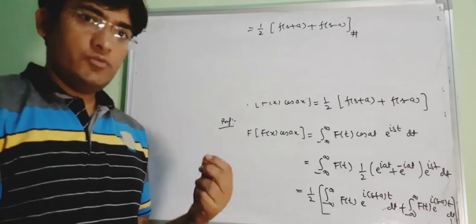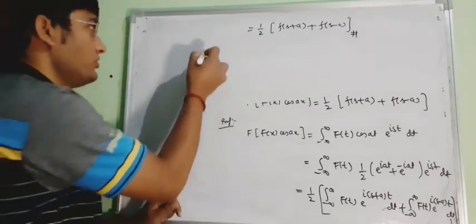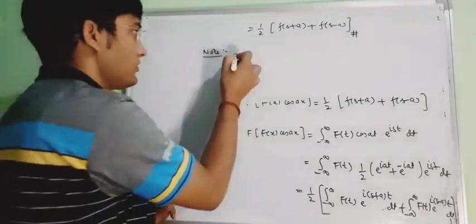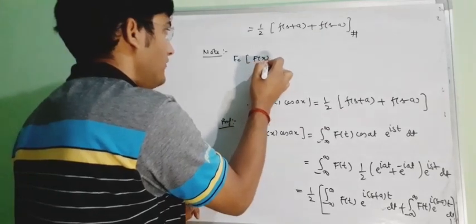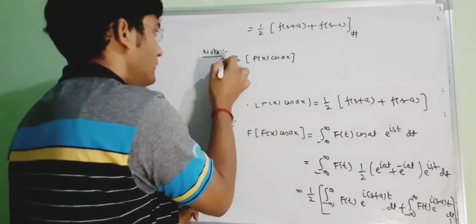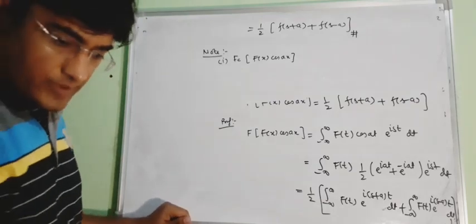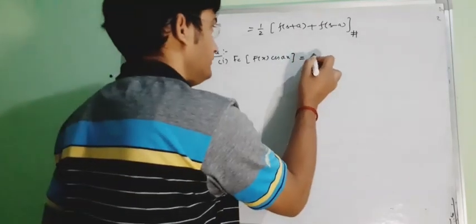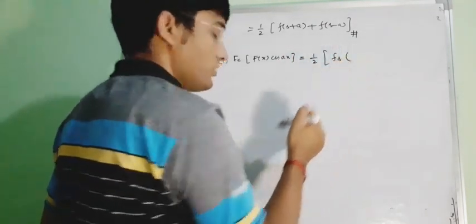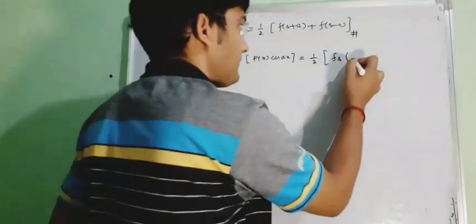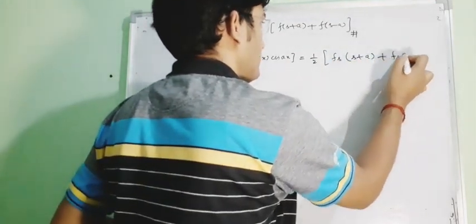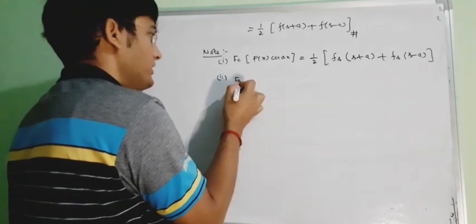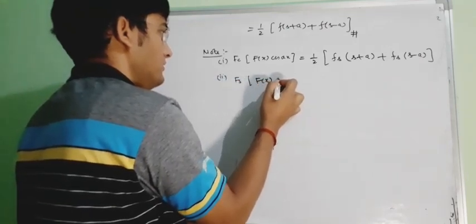We can prove it for the Fourier sine transformation and Fourier cosine transformation. So you can prove the following results: the Fourier cosine transformation of f(x) cos ax is equal to 1 by 2 times F_c(s+a) plus F_c(s-a). This is the first property. Then we can also take its sine transformation.